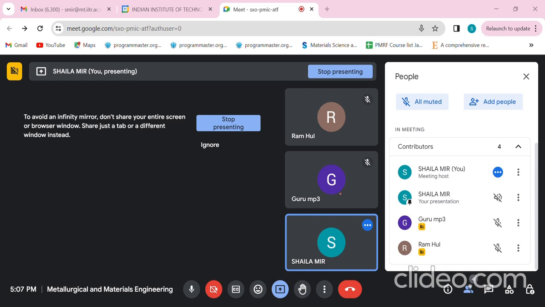Can anybody calculate what the right answer is?